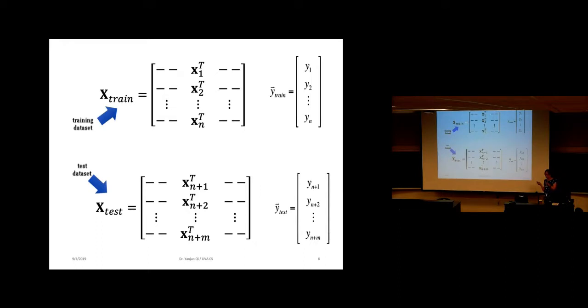Our default vector is a column vector, so that's why it has the transpose, because here I'm representing a row of my matrix. I emphasize this because you'll understand why when we talk about the loss function formulation in a few slides. This is Y train with given labels, and Y test with given labels. So this is our data in mathematical notation form.